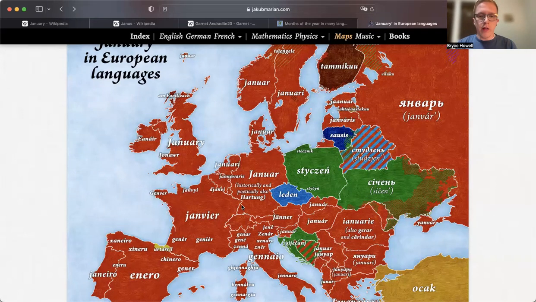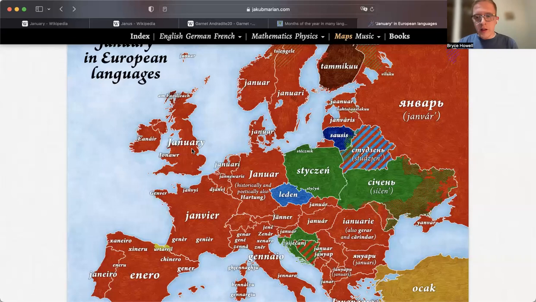Most of them have a similar root to the English, as you can see here and here, as well as here. Other countries, France, for example, look and sound very similar to English's January.